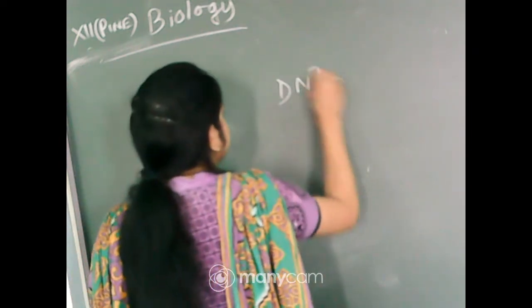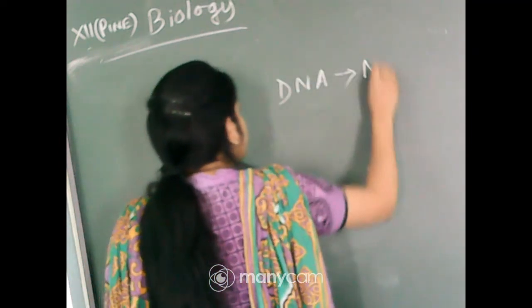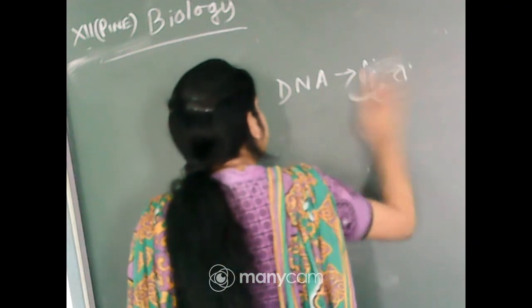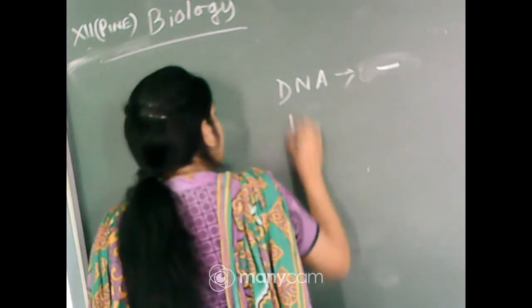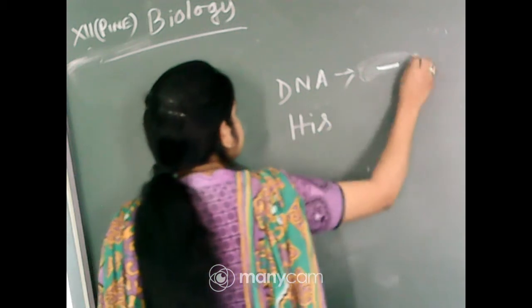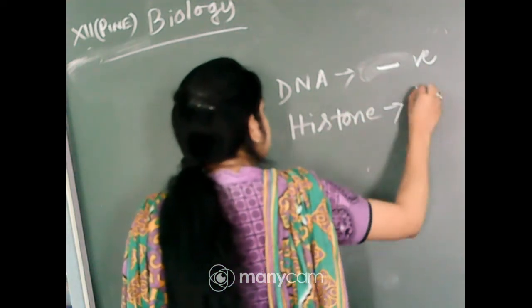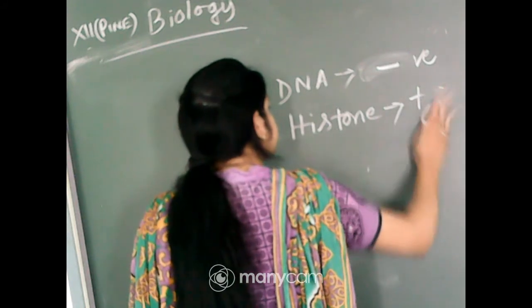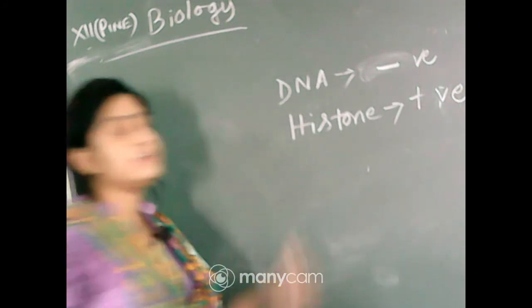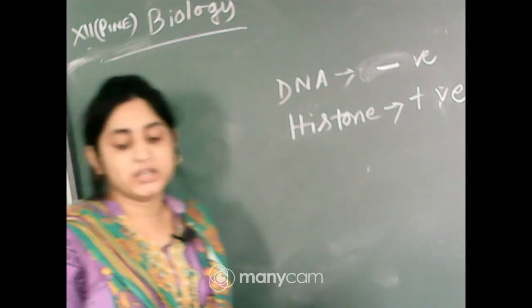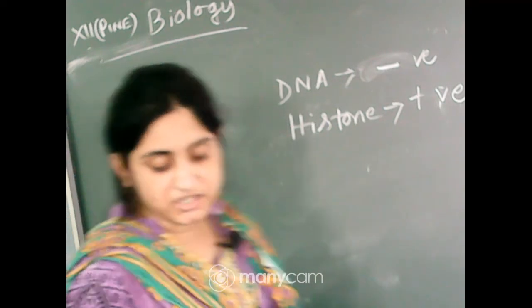And histones form an 8-molecule structure, that is called the histone octamer.